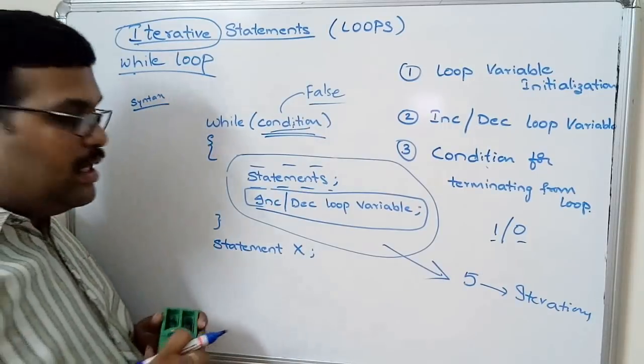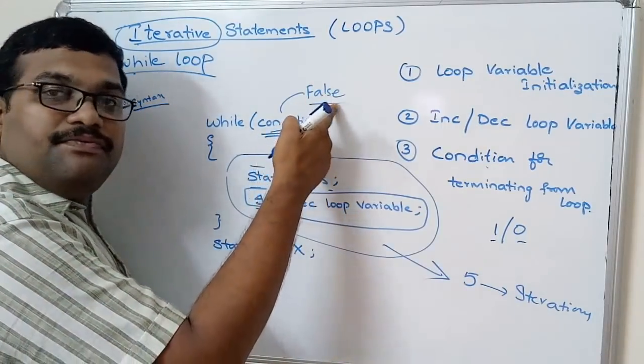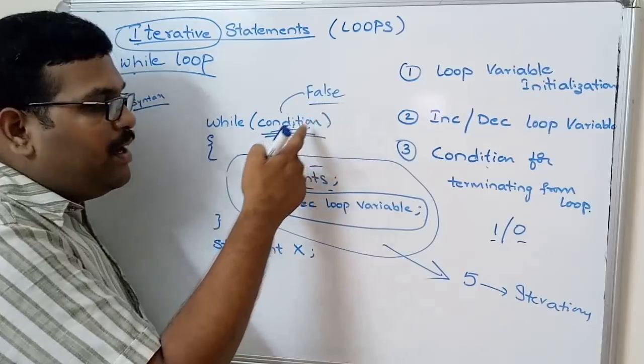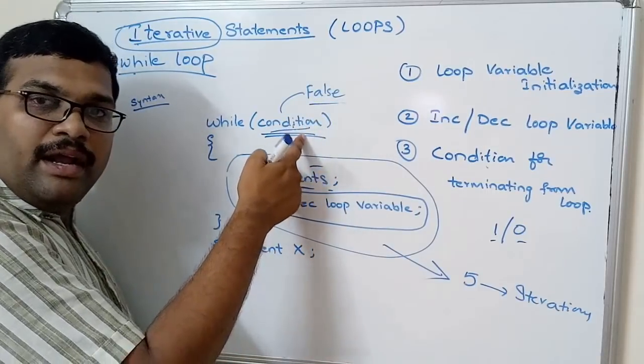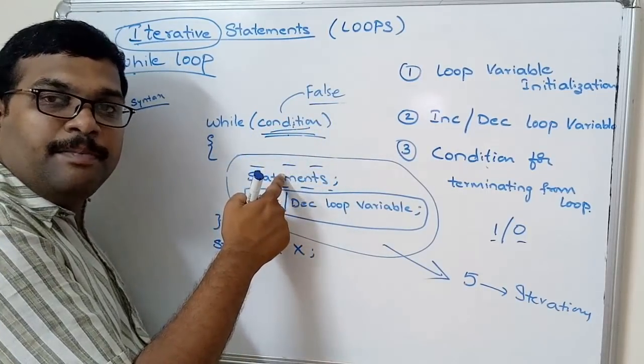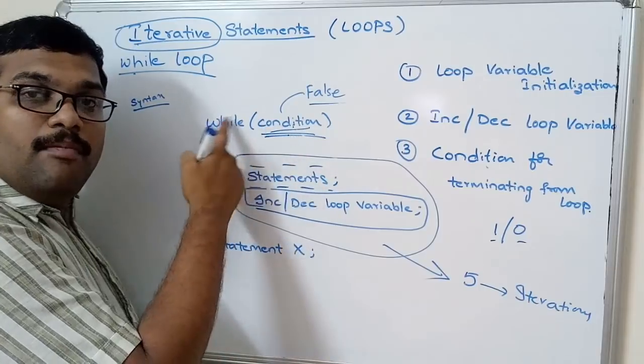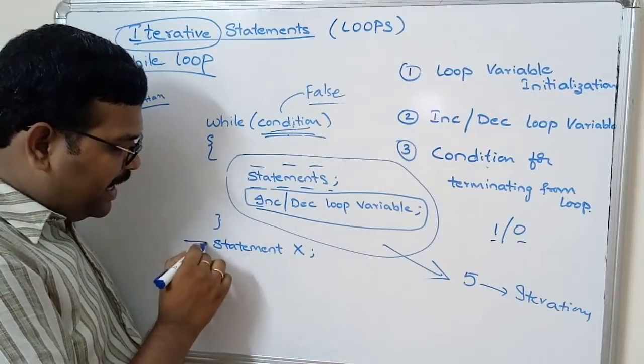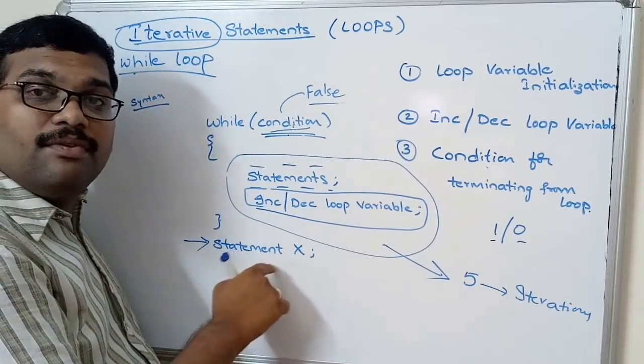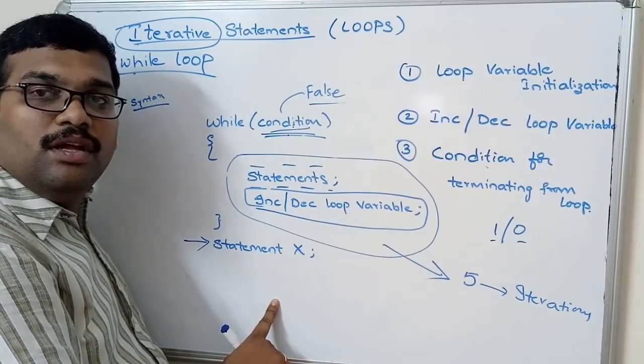Hope you understood. Whenever this condition is false, the control will not enter into this block of statements. The control will come out of the loop and the next sequential execution starts from the statement just below the loop.